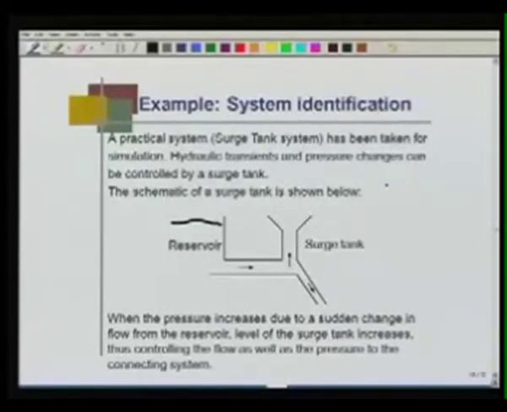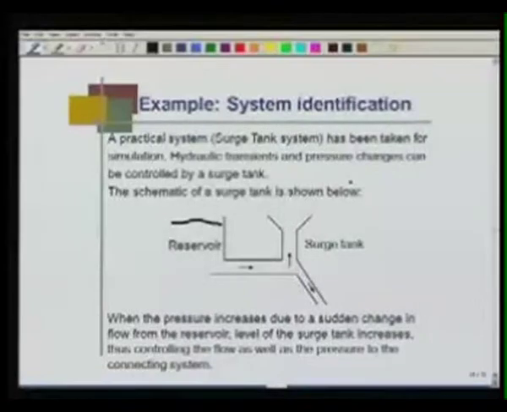Normally, this surge tank has a nonlinear structure. If the surge tank is a cylindrical structure, that means everywhere the diameter of this surge tank, say for example a circular one, is constant.